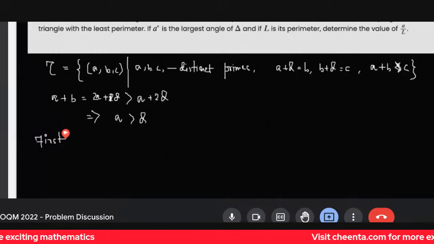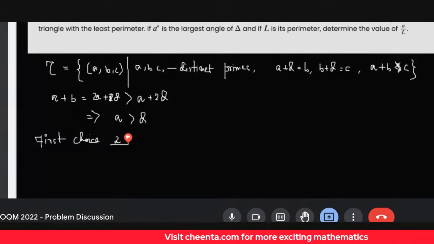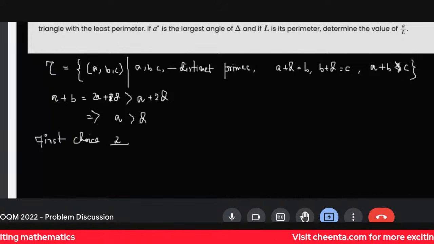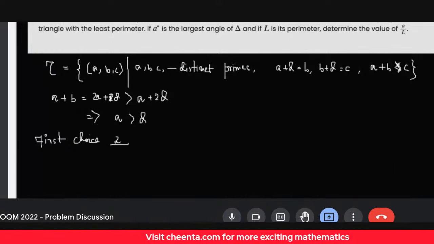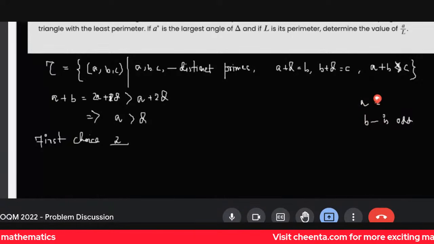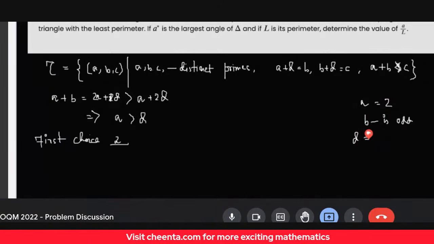First choice 2. Now, what is the problem with my choice as 2? Note that whatever my second prime will be, it will be an odd number. That means we have to add an odd number to 2 to get the second one. B is odd and a is 2, so the common difference d should be an odd number.